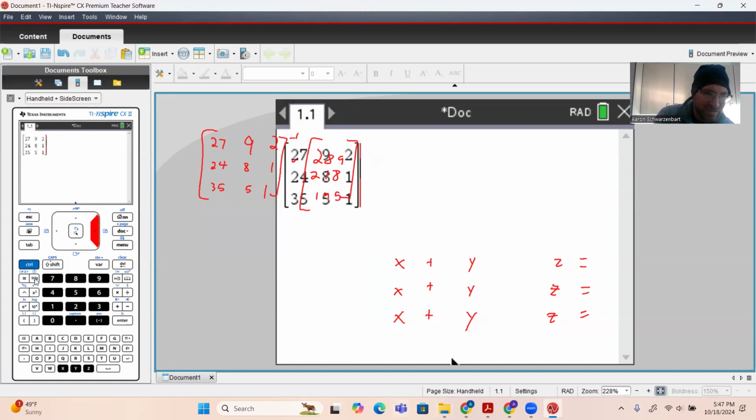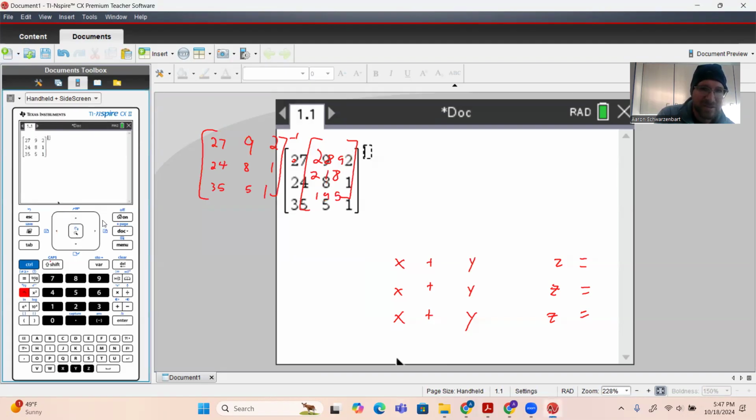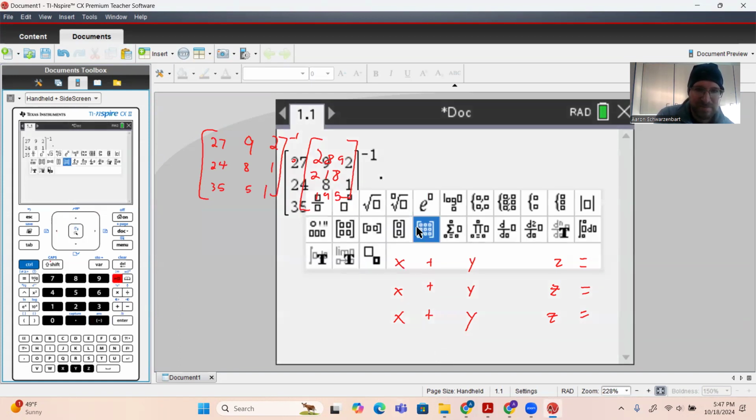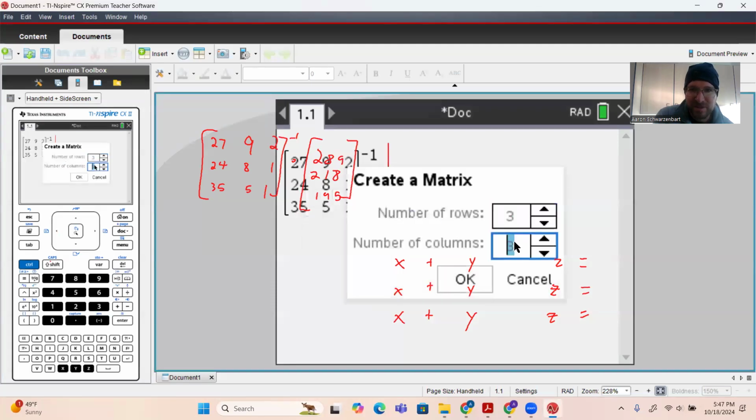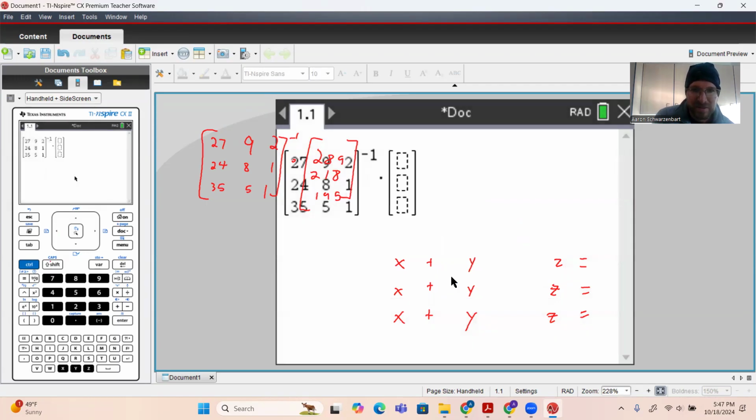To do the inverse, I do to the power of the little caret. Move that out of the way for a second. Caret. Yep, there we go. Negative 1, times the column matrix, whose columns is going to be 1: 289, 218, 195.